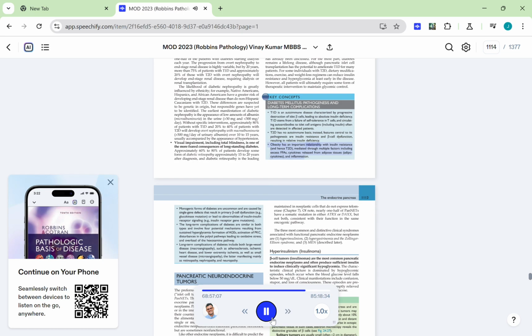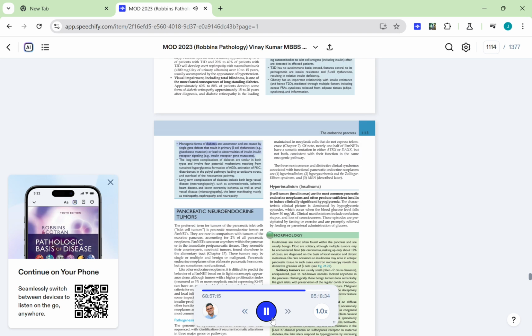Obesity has an important relationship with insulin resistance, mediated through multiple factors including excess FFAs, cytokines released from adipose tissues, and inflammation. Monogenic forms of diabetes are uncommon and are caused by single gene defects that result in primary beta cell dysfunction or lead to abnormalities of insulin receptor signaling.